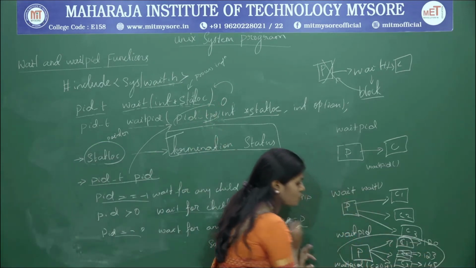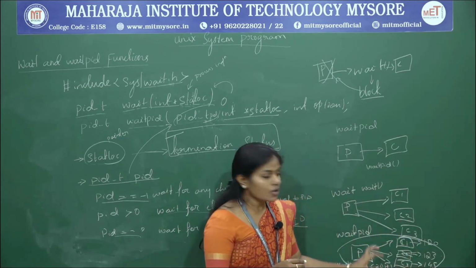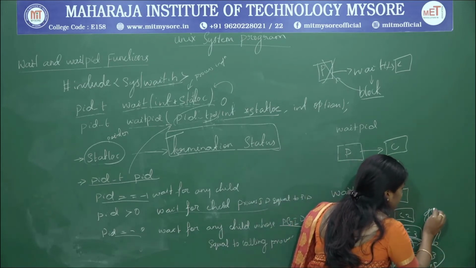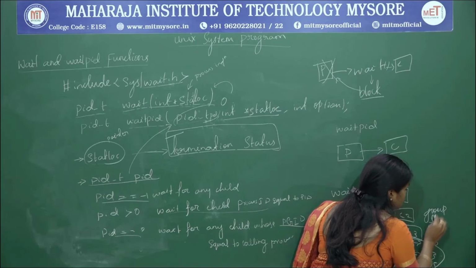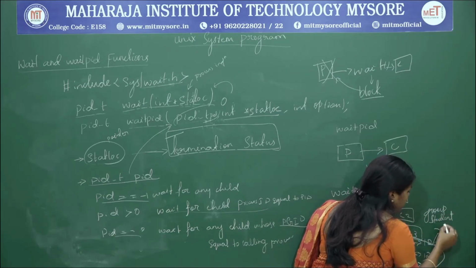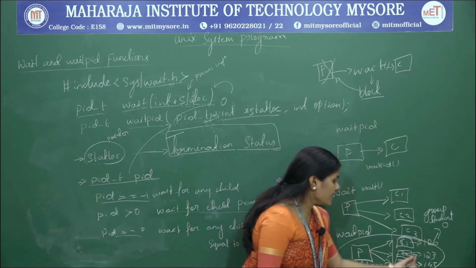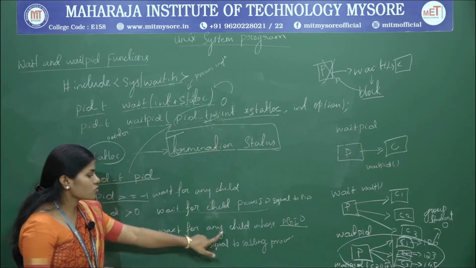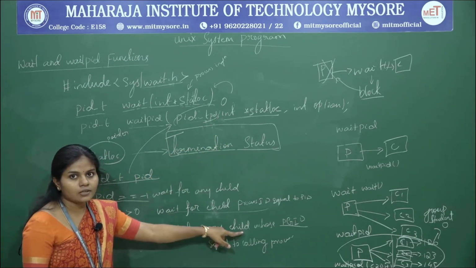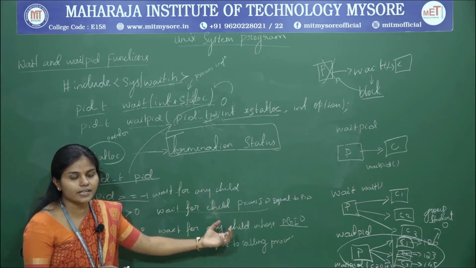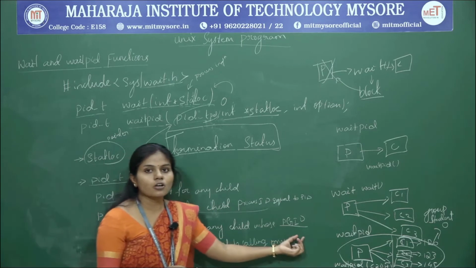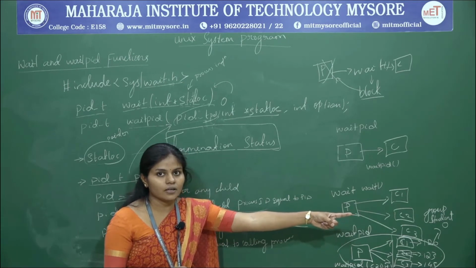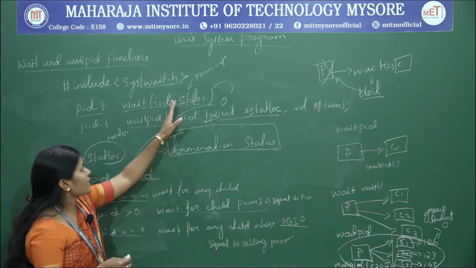Suppose, for example, this is the whole one group, and the group name is something like student and its ID is equal to 0. So when you pass the value 0, it is going to consider any child termination status which belongs to the particular group.